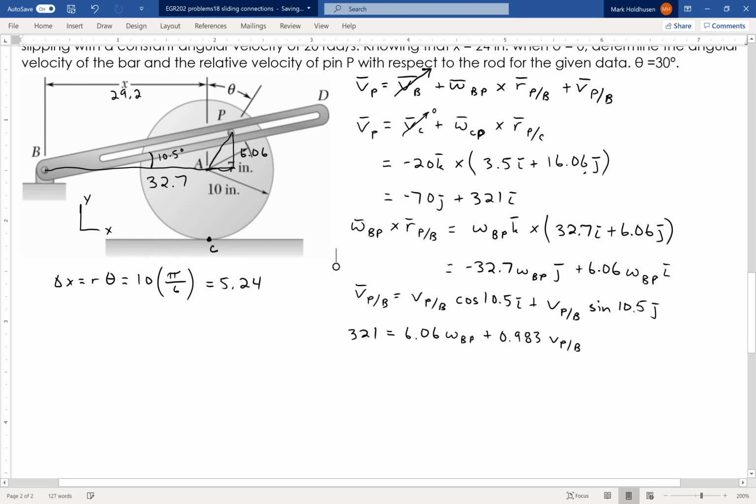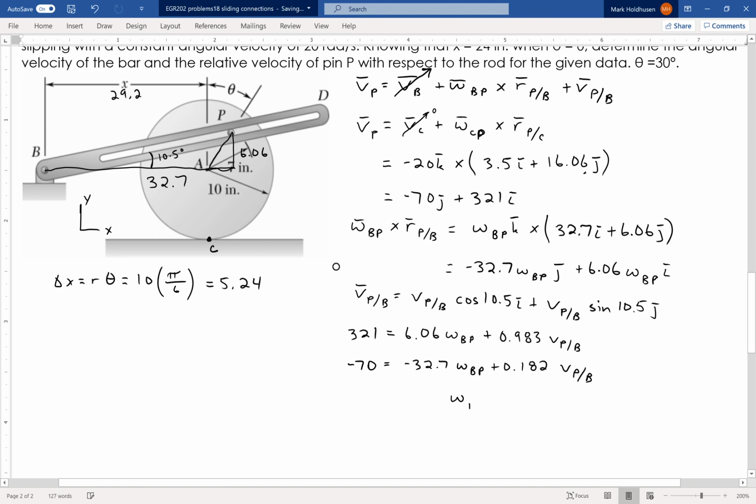I get negative 70 in the j direction, and then I get negative 32.7 omega BP, and then plus 0.182 times the velocity of P relative to B. So two equations, two unknowns.